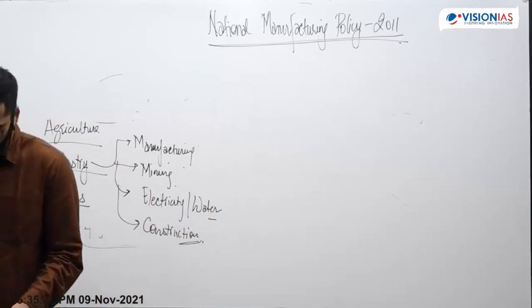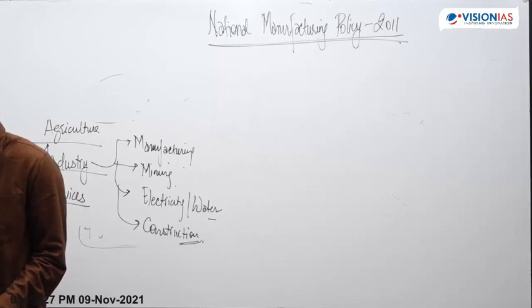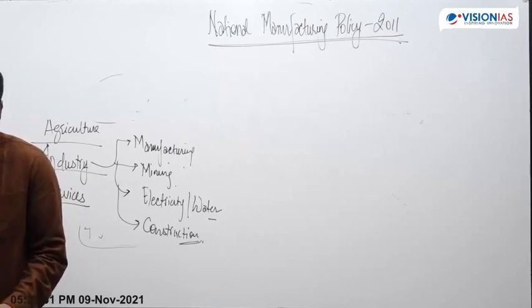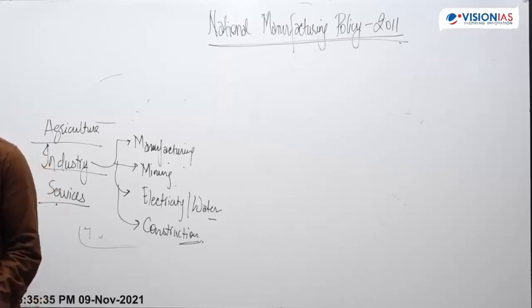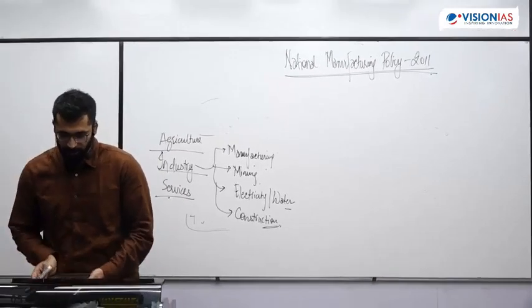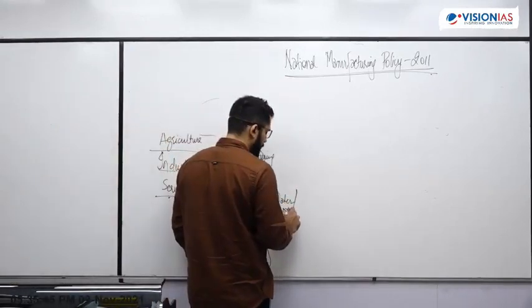Just to clarify, not to get confused between industry and manufacturing. Industry is the broader subset. It includes mining, manufacturing, electricity, gas and water supply, and construction. Water supply and gas.